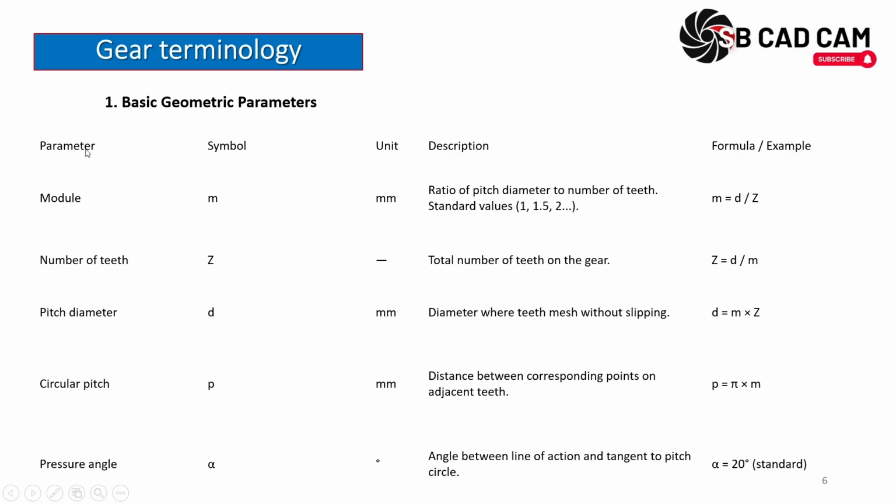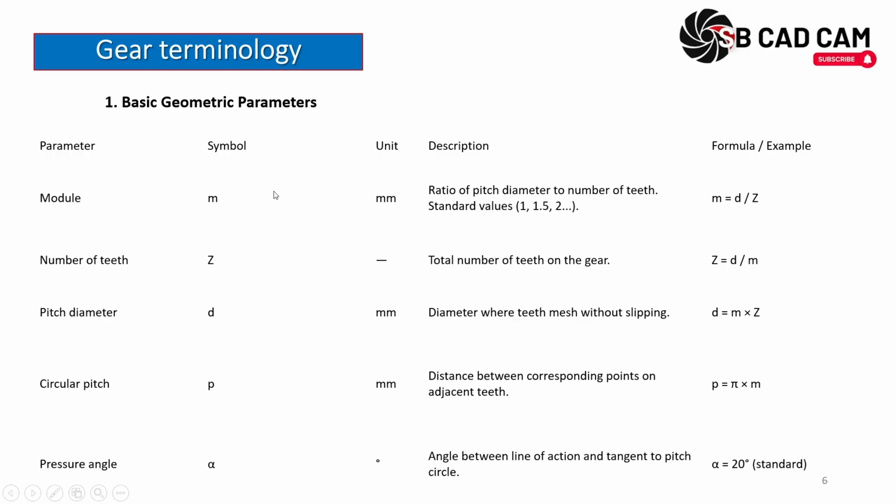So here we have the parameter, its symbol, its unit, the description, and the formula or an example. So we have the module, we have them in tables, and we have different series in these tables that are commonly used to design these gears, but some manufacturers use modules that are not so standardized.